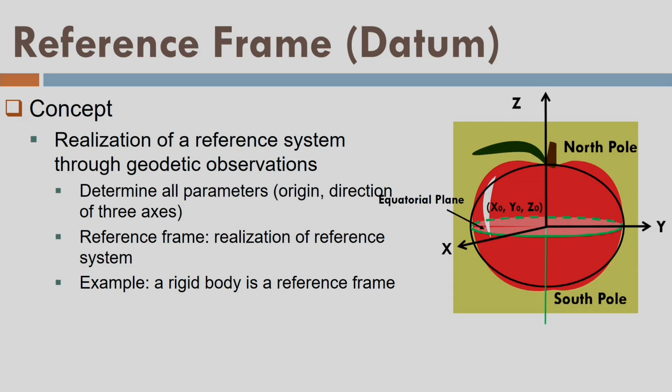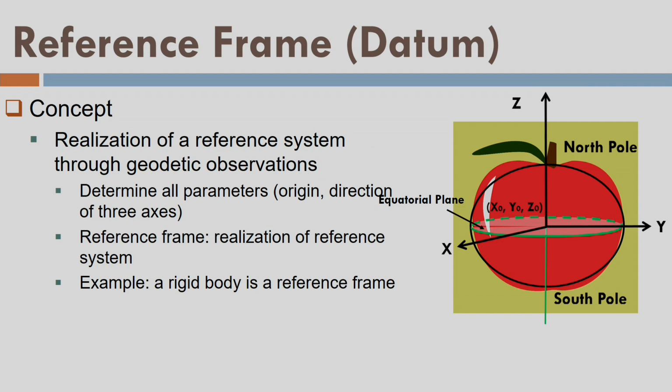Fine, and this is my rotation axis, and the rotation axis is cutting at the north pole and south pole. And remember that if I fit the geocentric system, that means the origin at the geocenter of the Earth, and the rotation axis is completely aligned with this, I can understand that it can be a global system.